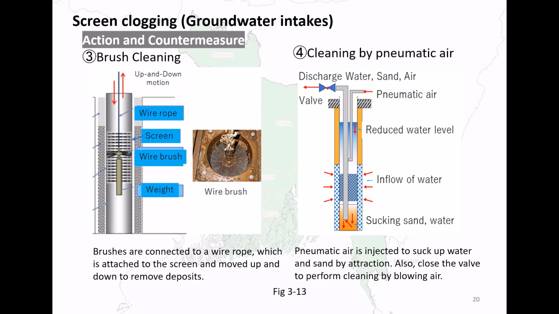The pneumatic air method is a well rehabilitation technique that uses compressed air injected into the well to create turbulence and pressure fluctuations around the screen. These forces loosen and remove clogging materials such as mineral deposits, biofilm, and fine sediments, which are then discharged from the well.